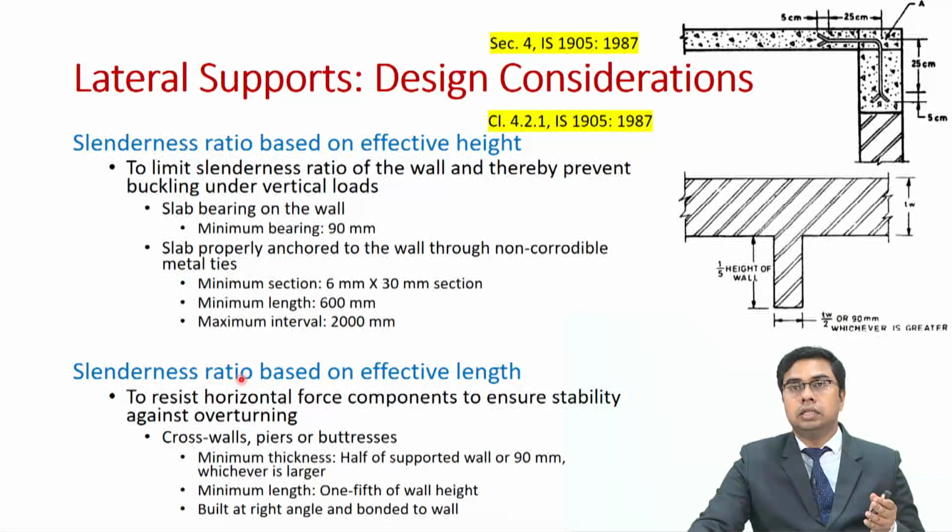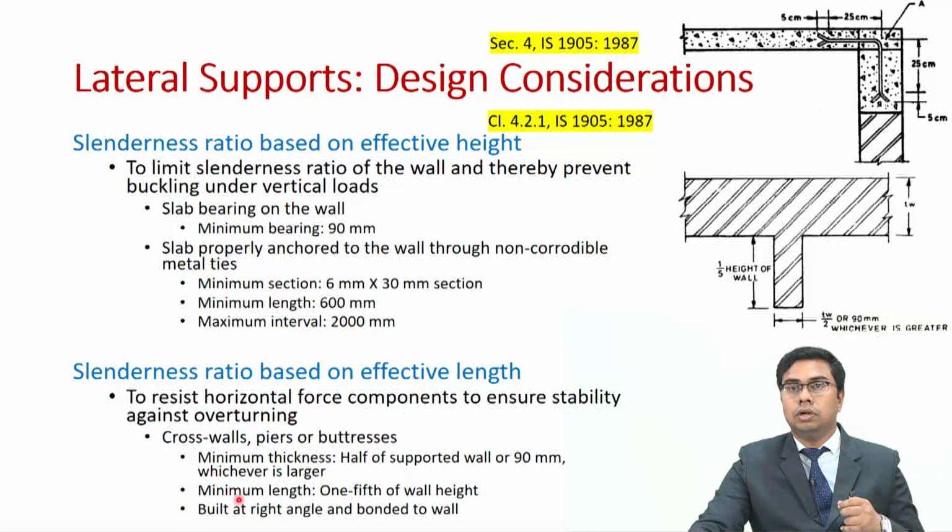On the other hand, the slenderness limit expressed in terms of effective length is able to resist horizontal force components to ensure stability against overturning, and in this case cross walls, piers or buttresses act as lateral supports in order to limit the slenderness based on effective length. The minimum thickness of these cross walls is half of the supported wall or 90 millimeters, whichever is larger.